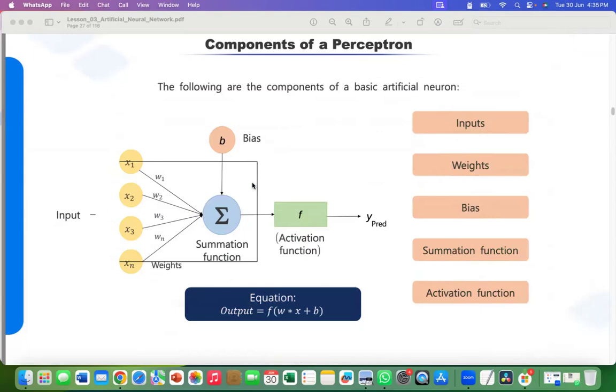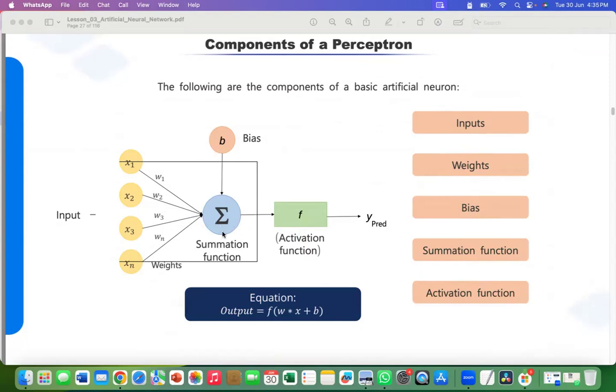Now let's look at the components again. The following are the components of a basic artificial neuron. These are x1, x2, x3, xn, and respective weights w1, w2, w3, wn. These are the inputs. And then the summation takes place here.